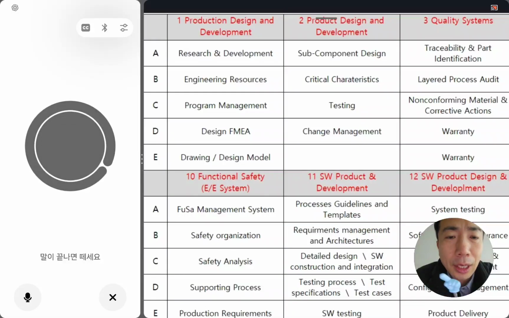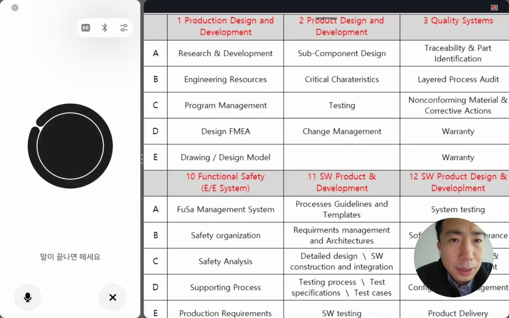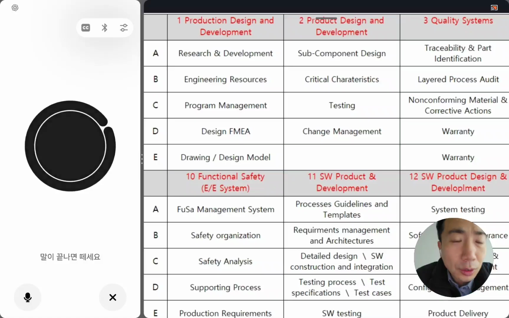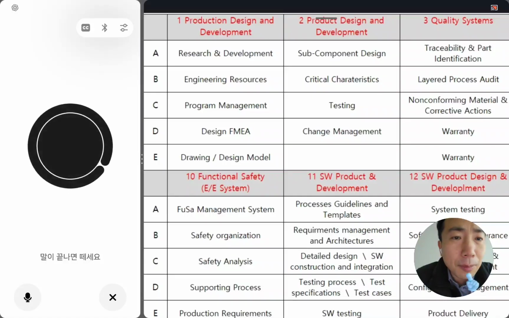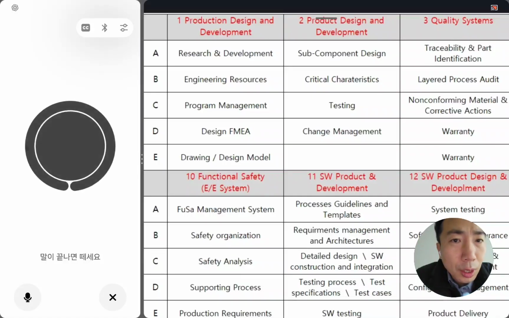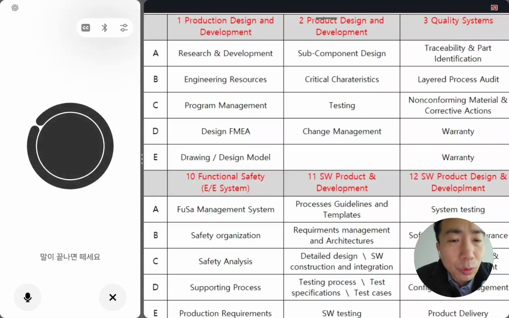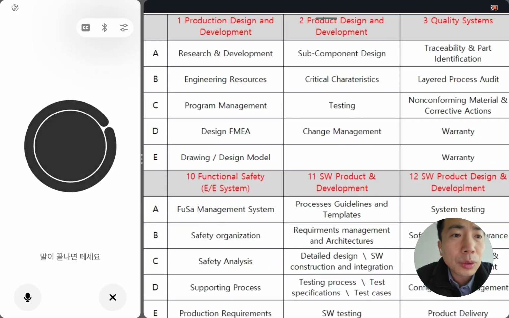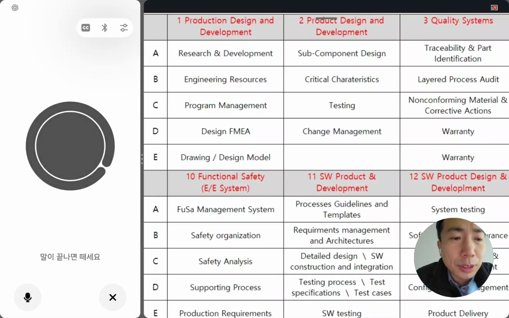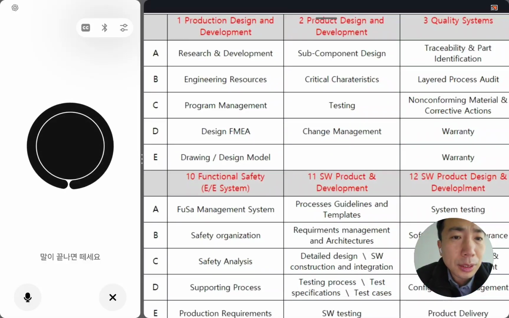And honestly speaking, I see an image that consists of various contents, but I'm not sure what this word testing means, because it's too simplified.